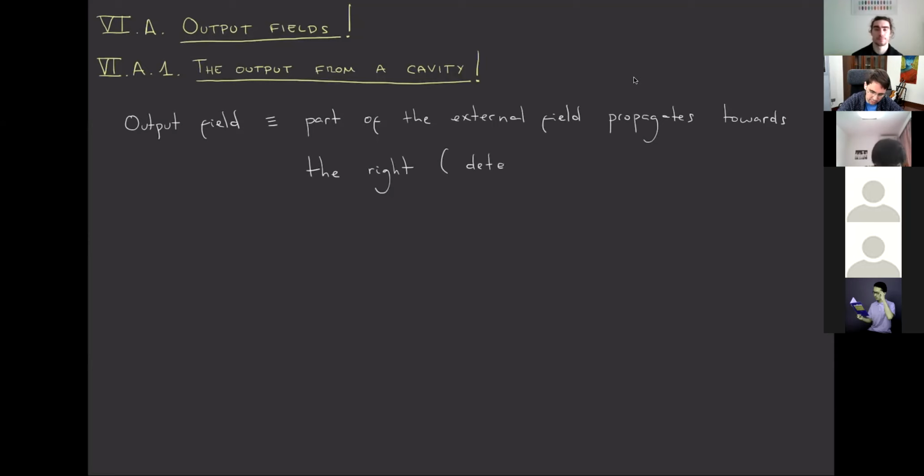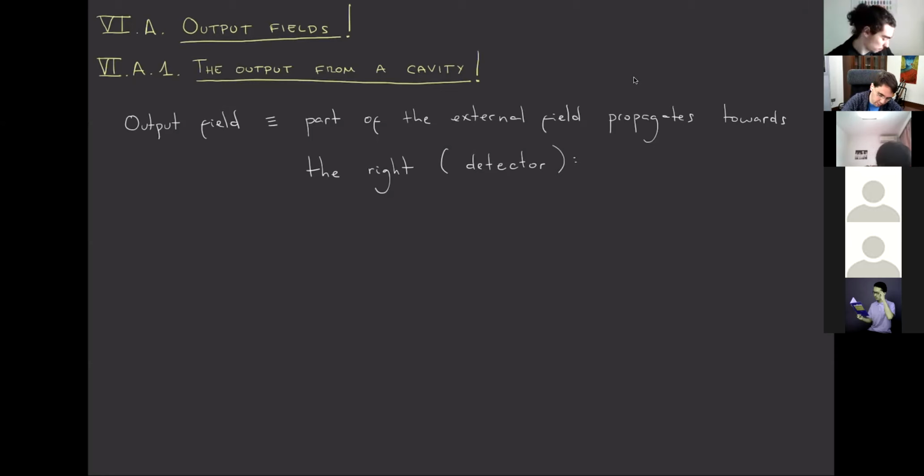So in a generic way, the output field is just the part of the external field that propagates towards the detector. In the cavity, because our partially transmitting mirror is the one on the right, it is the field propagating towards the right. And we already know how to describe such a field.